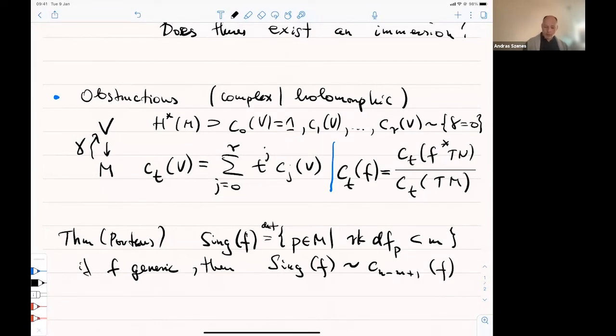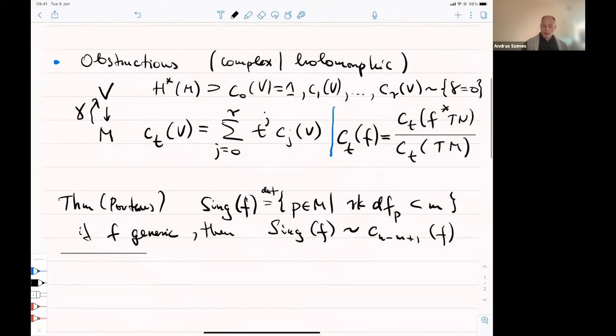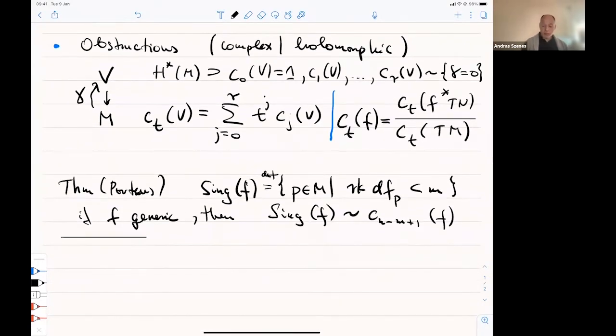So now this produces the obstruction I was talking about. Of course, in particular, this implies that if C_{n-m+1}(F) is not equal to 0, now as an element of the cohomology of M, that means that in this homotopy class there is no immersion.